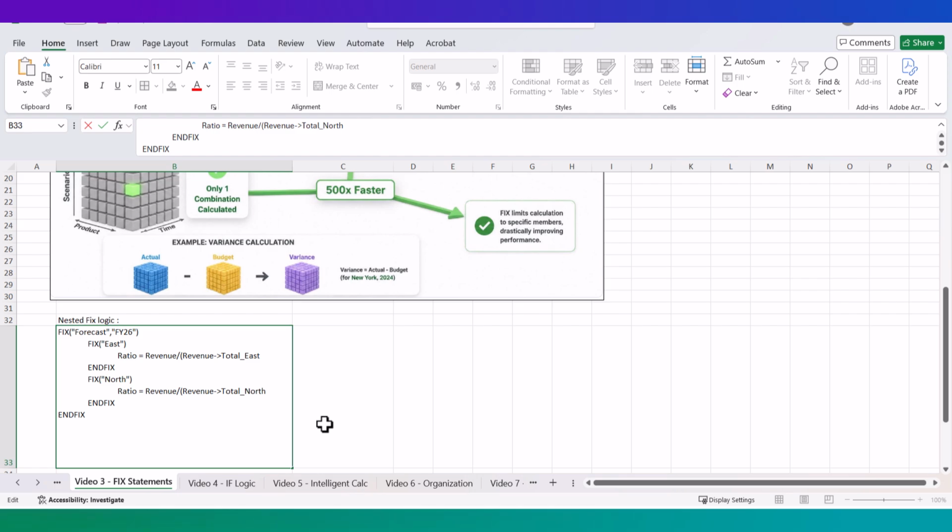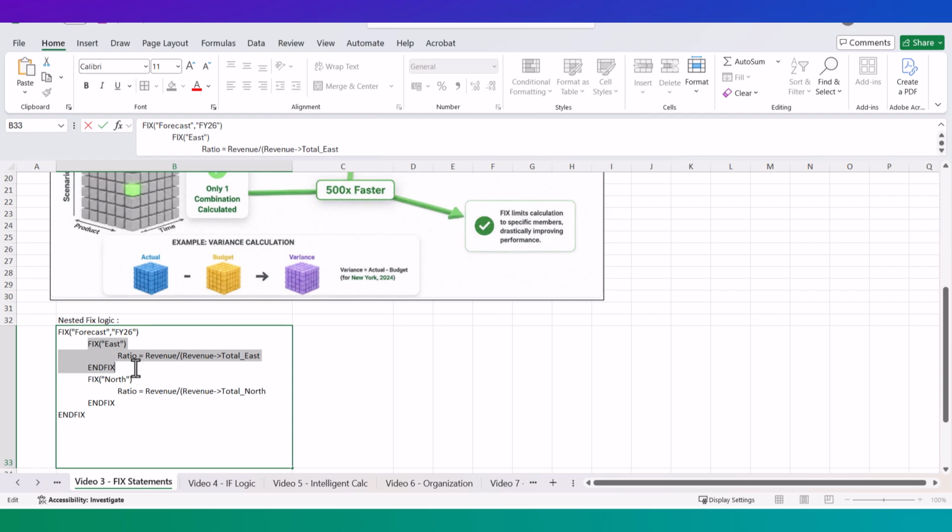So in that case, we need to write a nested FIX logic. For example, we have a global FIX, that is forecast and FY26. That means the logic applies for forecast and FY26 no matter what region it is, right?